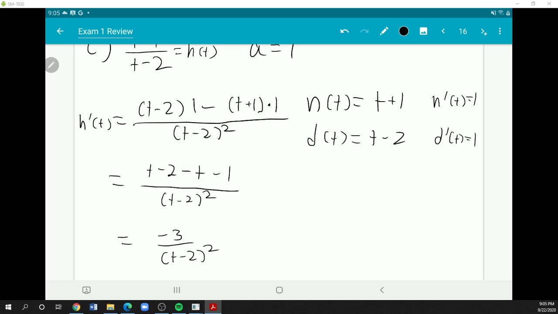So that's our derivative. Now we need the slope of the tangent line.